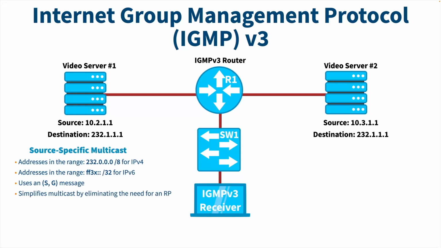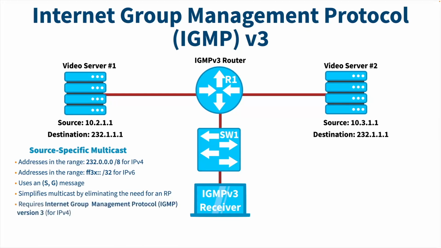And in an upcoming video, we're going to discuss something called an RP, a rendezvous point. That's going to allow the last hop router on the way to a multicast group member to determine the optimal path to get back to the source being used. Because originally, we don't know who the source is. But with IGMP version 3, we can know the source. And that can eliminate the need to have a rendezvous point.